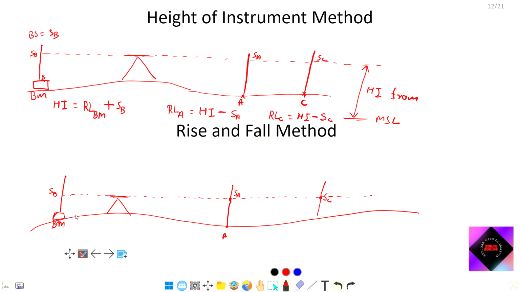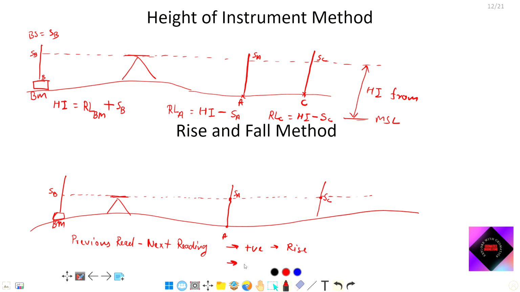Relative measurement means that we calculate previous reading minus next reading, and if this comes positive, then we call it a rise, meaning our new reading will be above the previous reading.